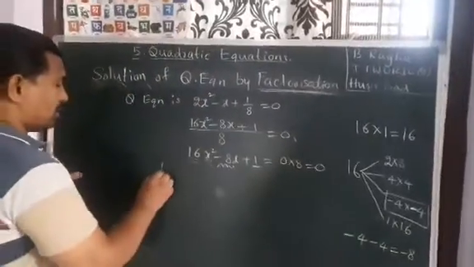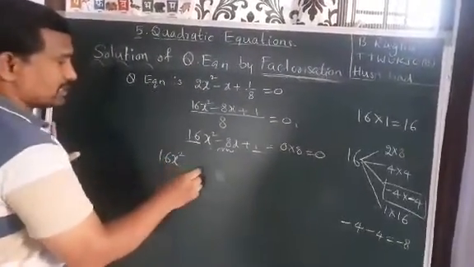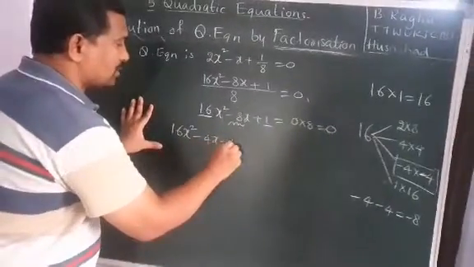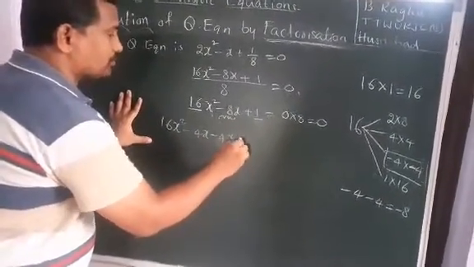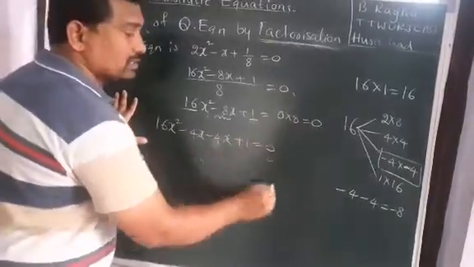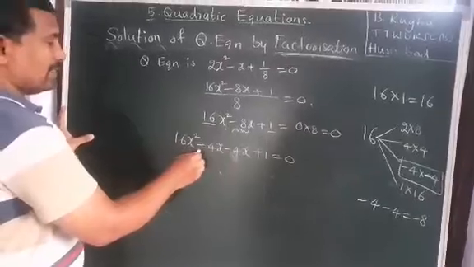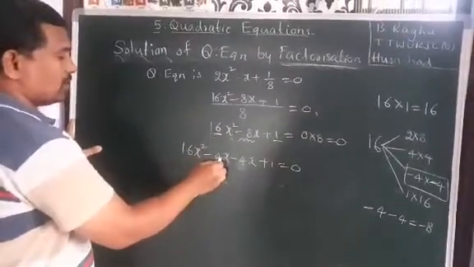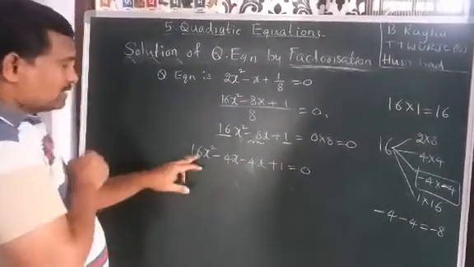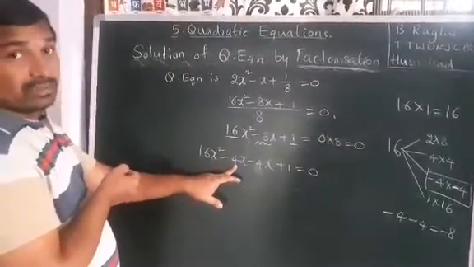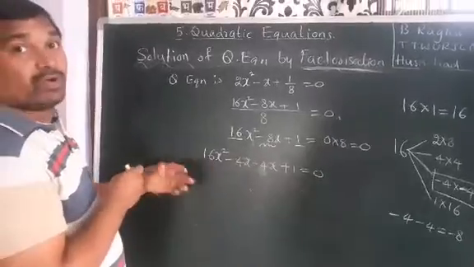So let us write 16x square minus 8x as minus 4x minus 4x, plus 1 equal to 0. Are you getting it? Here, what is the common factor for these two terms? 16 can be written as 4 4s, so write 16 as 4 into 4.